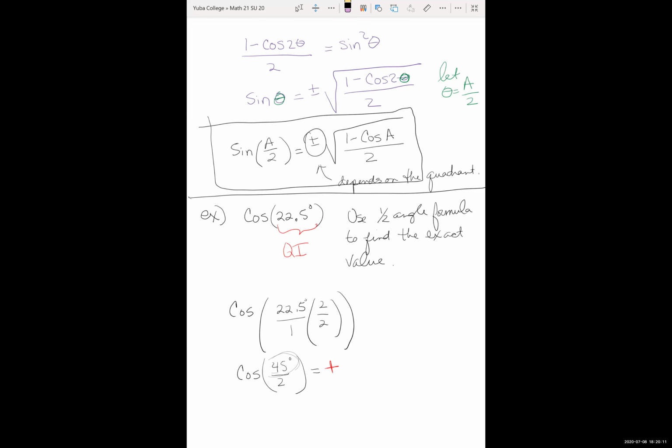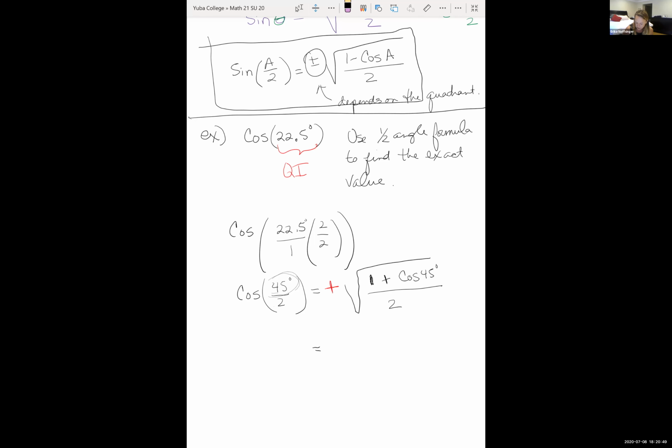The formula says for half angle, the square root, it's always 1, and then plus or minus cosine of the numerator, all over 2. Cosine, I remember it's plus because it's cosine in here. Sine, I remember it's minus because it's not the same. I don't know, that just works for me. So I just applied this half angle formula, and now we can simplify it.